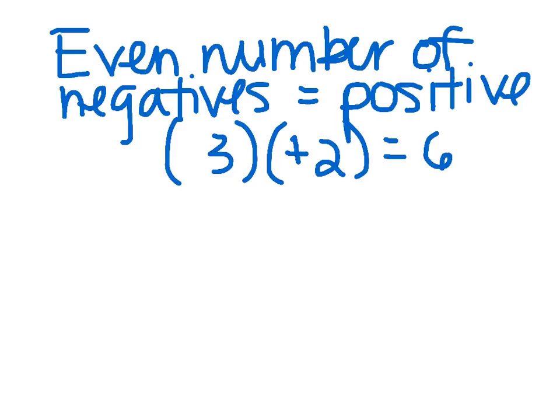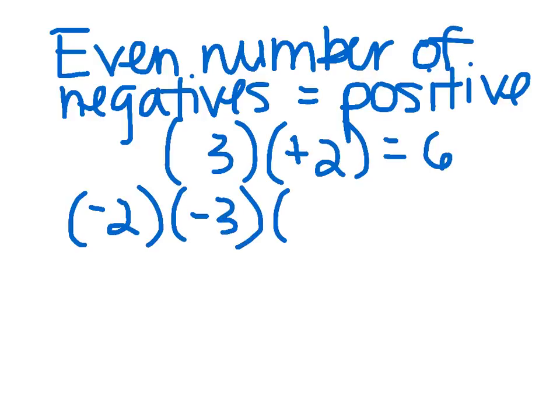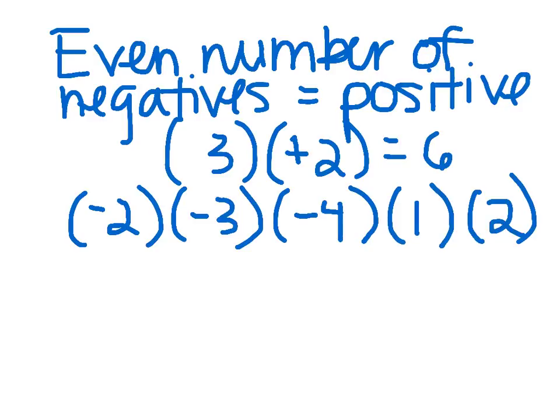The positives don't matter at all. You only count the negatives. So if I say -2 times -3 times -4 times 1 times 2, the positives have nothing to do with it. I have 1, 2, 3 negatives. 3 is an odd number, so I know this whole thing is going to be a negative.